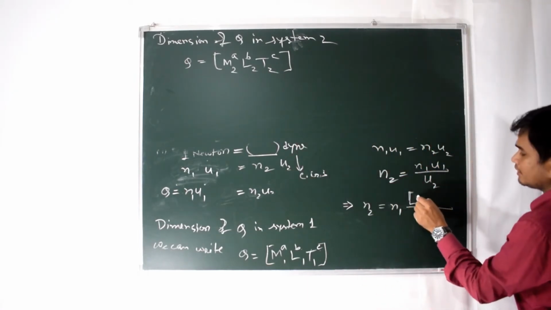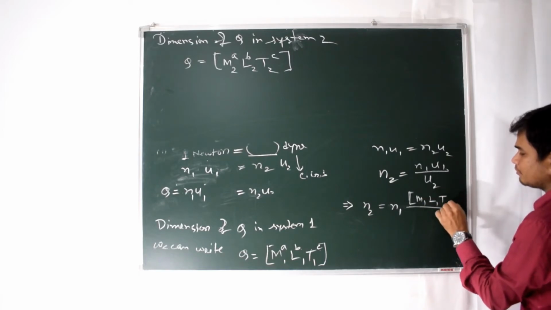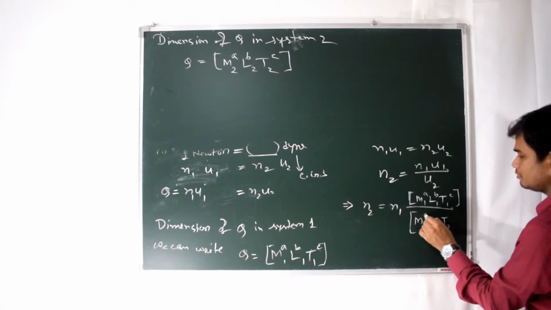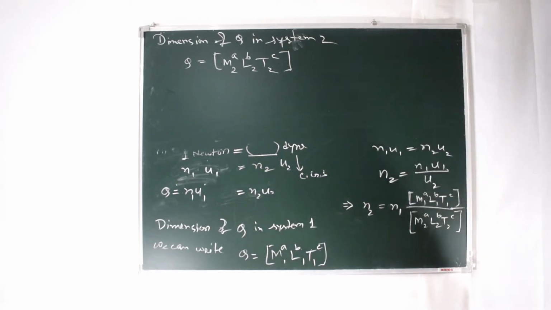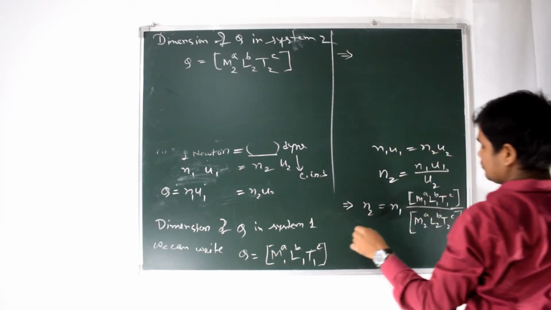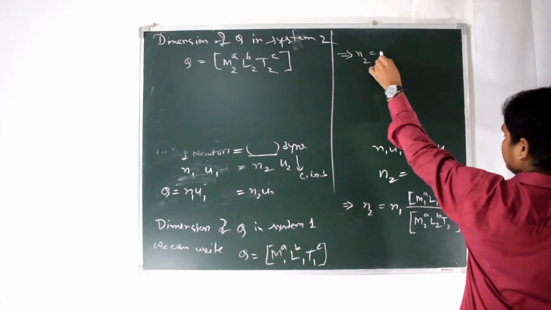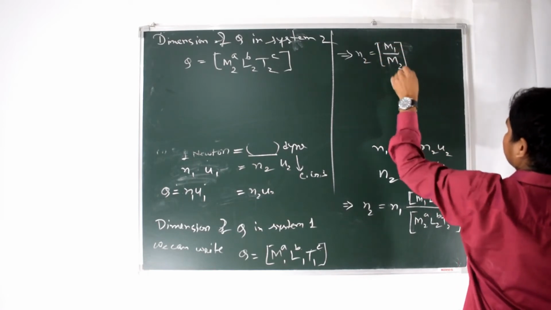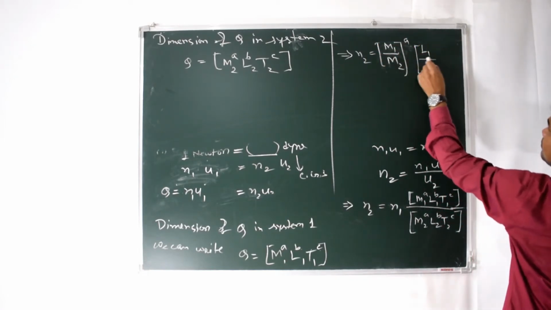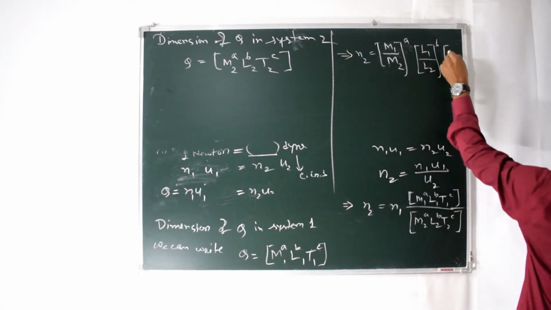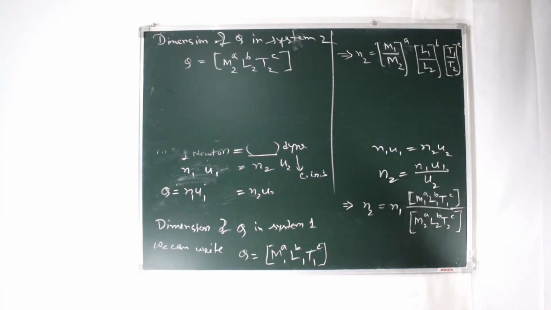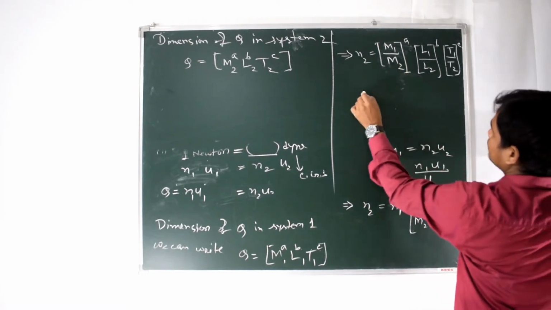So N2 is equal to N1 times (M1 by M2) to the power a, times (L1 by L2) to the power b, times (T1 by T2) to the power c.